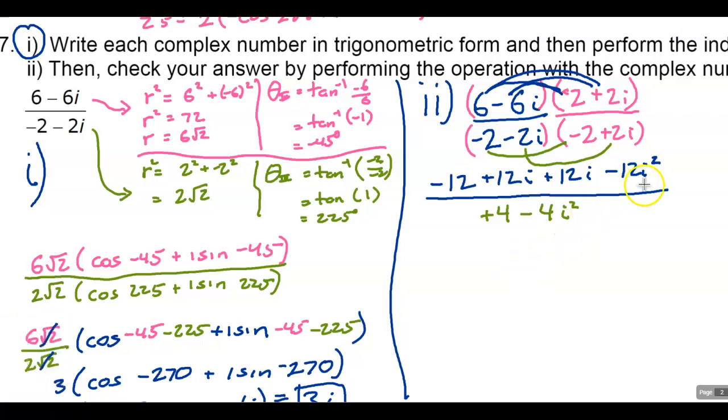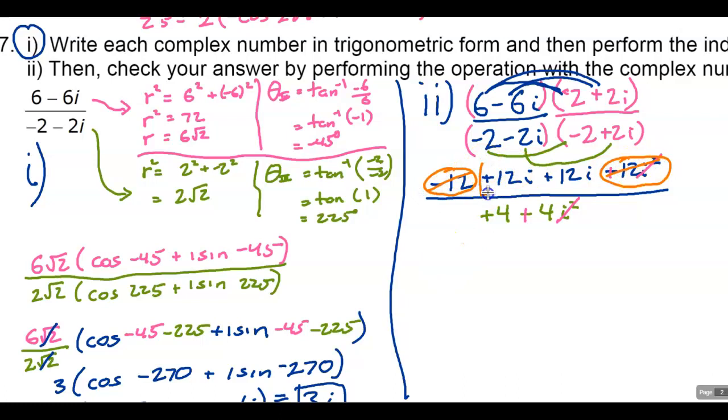Simplify both. We have I squared here, so that's going to become a positive 12. I squared here becomes a positive 4. So now we have, let's see here, we have negative 12, positive 12. So those cancel out.